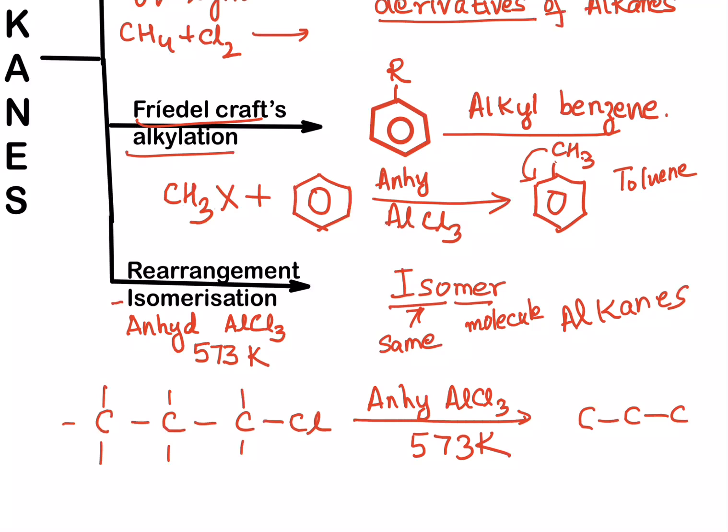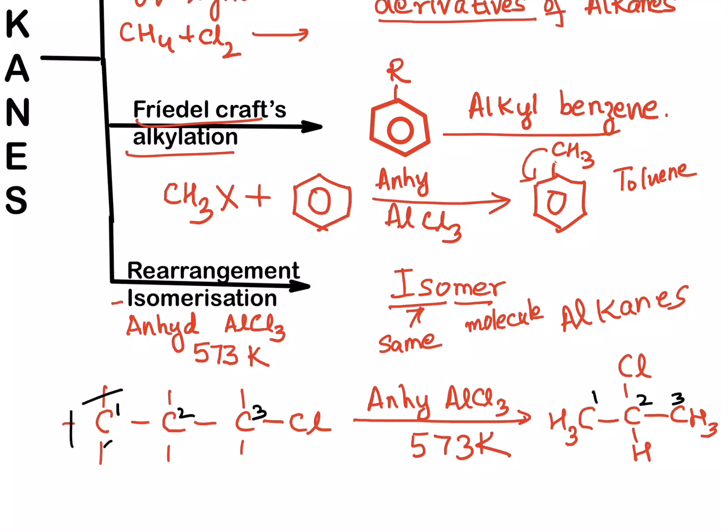It will get converted into a 2-chloro derivative. The number of hydrogen, carbon and chlorine atoms still remains the same. How? Let's check. 1 carbon, 2 carbon, 3 carbon, 1 carbon, 2 carbon, 3 carbon.